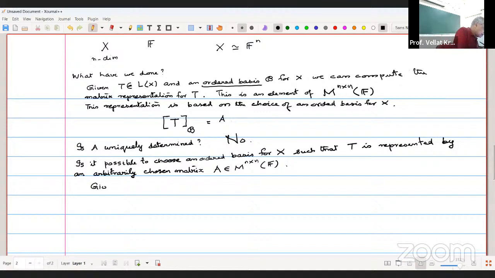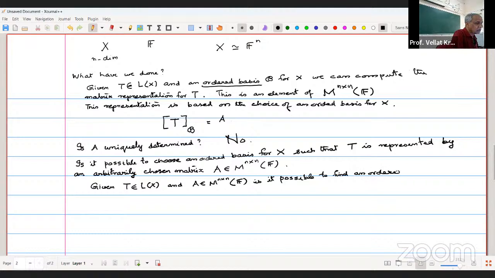So that's the question. Given T belonging to L(X) and A belonging to F^(n×n), is it possible to find an ordered basis for X such that the representative of T with respect to that ordered basis is equal to A?